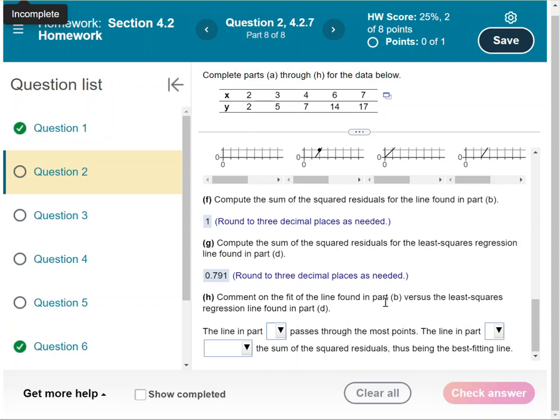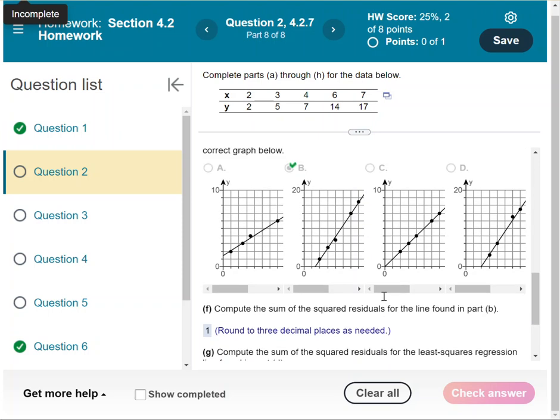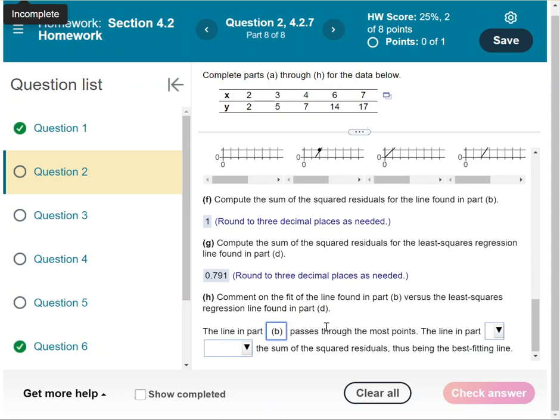Comment on the fit of the line found in part B versus the least squares regression line found in part D. So this is going to be true in general. The line in part B passes through the most points. It went through 2 points. If you look at our line here, it doesn't actually go through any points. It's very close, but the line in part B goes through 2 points.